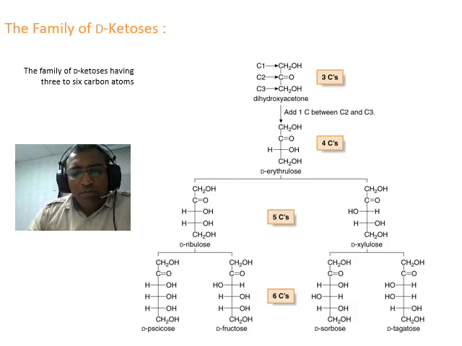You have, from the very basic 3-carbon dihydroxyacetone, where ketoses have the carbonyl group at C2, and then you progress to a bigger number of carbons, and the popular one is D-fructose for the D-ketoses family.